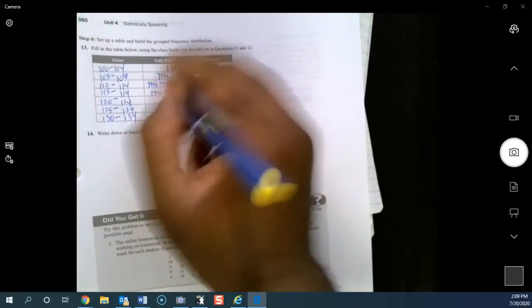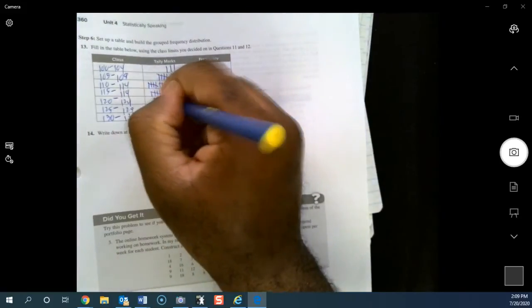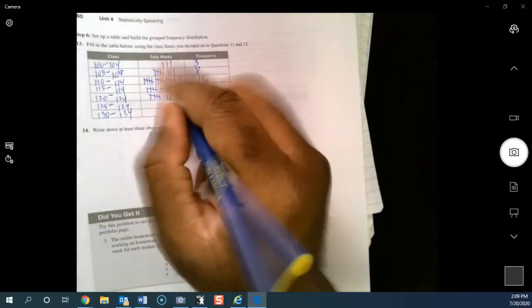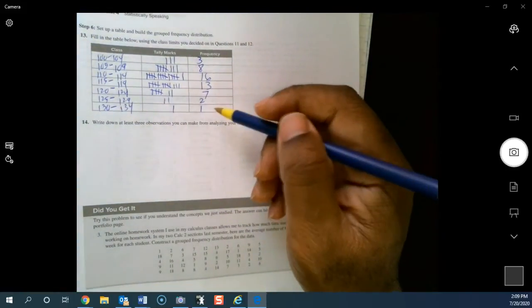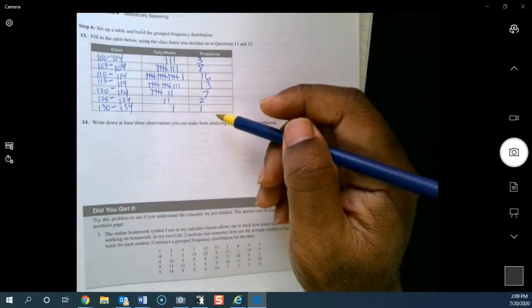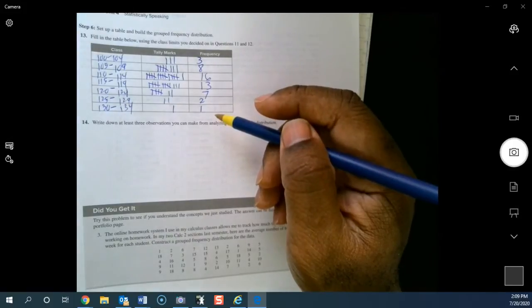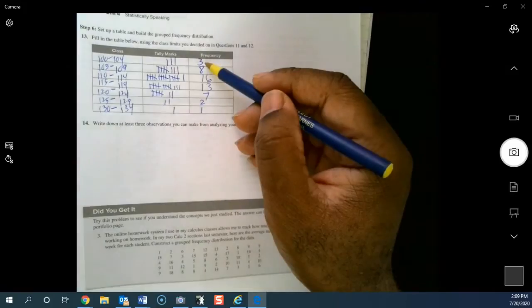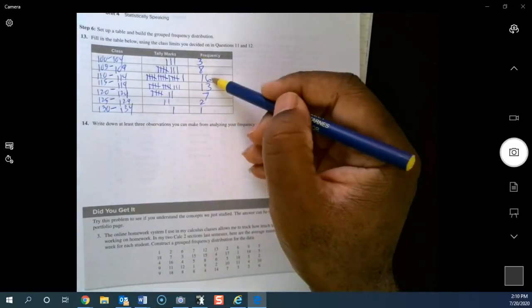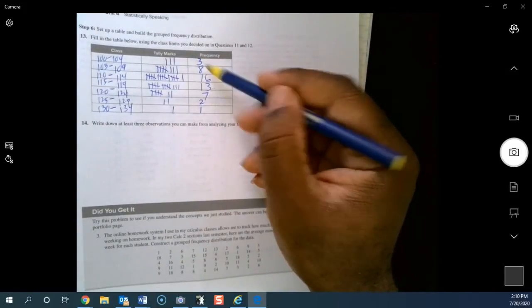Then we will have 7. Then we will have 2. Then we will have 1. Now, when you add all of your frequencies together, it should equal how many elements you had in here. In this case, it'll be the 50 states. So this should equal 50. So this would be 27, 30, 40, and that will end up being 50.